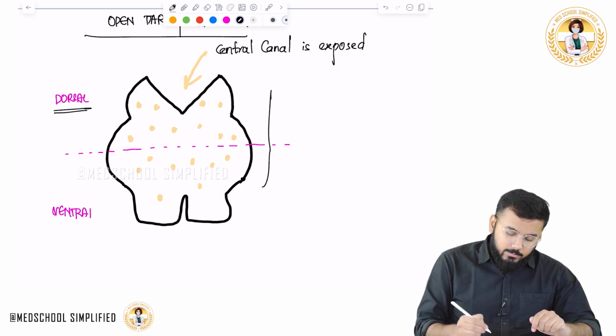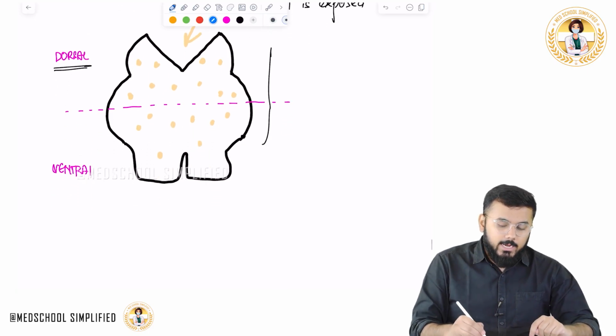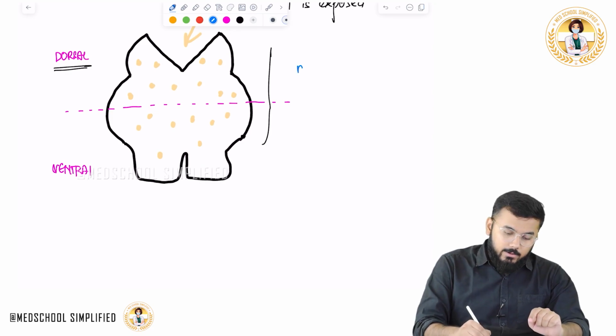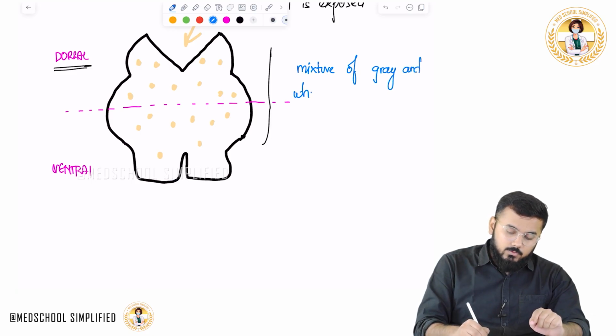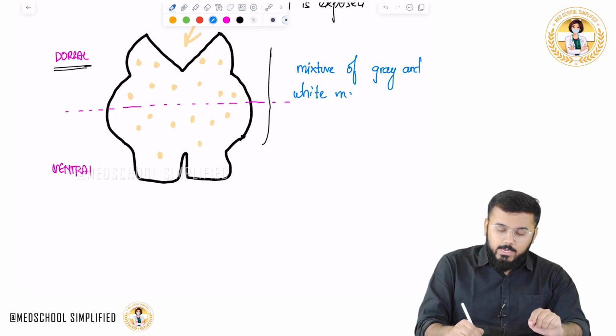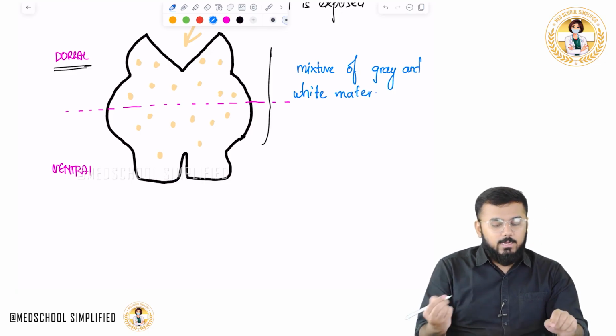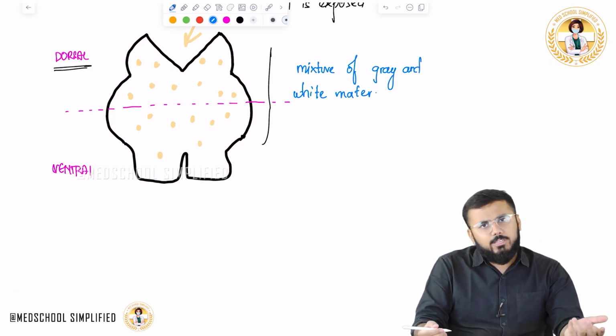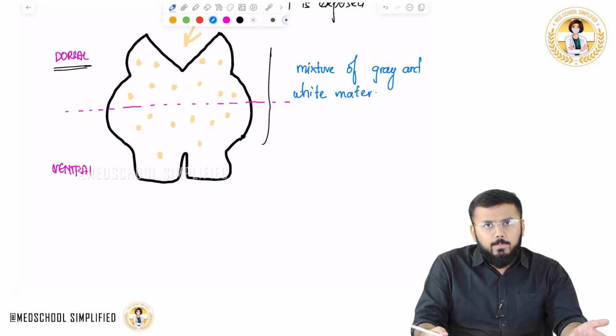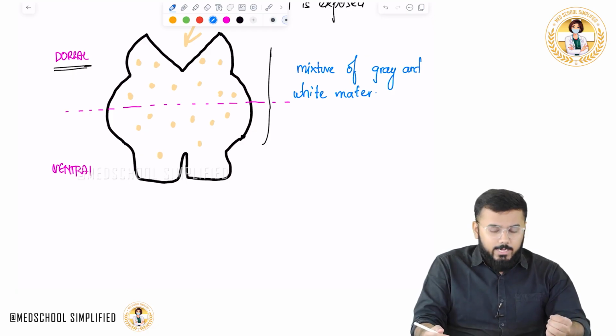And by this arrangement, you can tell that there is a mixture of gray and white matter. Why? Because there is no central canal. And this mixture of gray and white matter, these are again called nuclei, the cranial nerve nuclei, right?